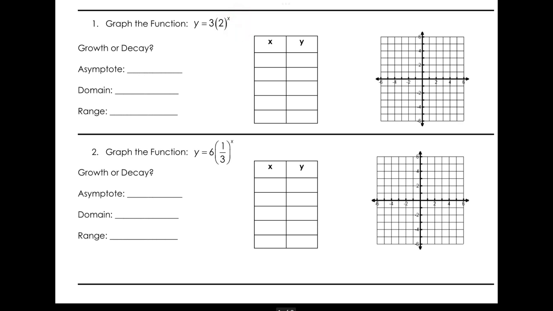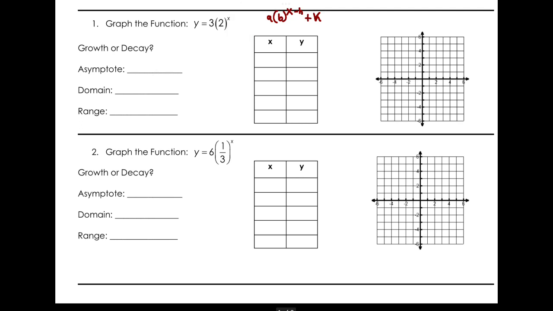So I'll rewrite it here: a, b to the x, minus h, plus k. Remember, we're looking at k, which would be right here if it was there, but it's not there. There is no k, and we know k is the asymptote.